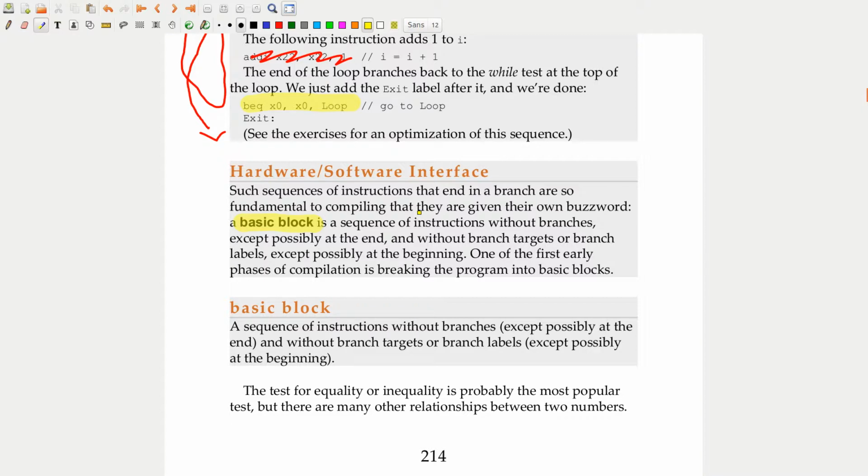So this just basically says that the first thing a compiler does is break your code up into bite-sized blocks that are all kind of independent of one another. The little bite-sized blocks may bounce around from each other, but they don't bounce within themselves.